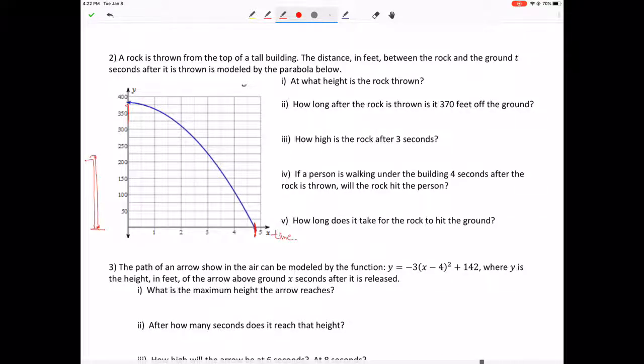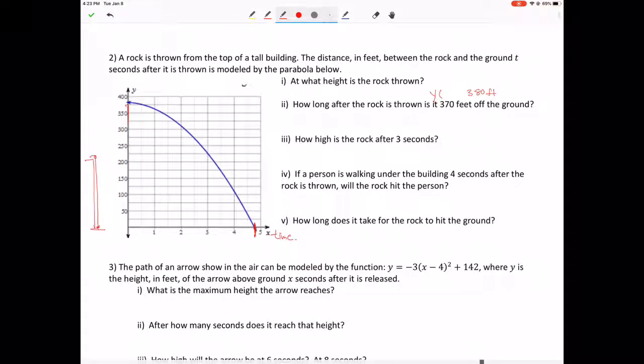So let's answer these questions. At what height is the rock thrown? Okay, that would be when time equals 0. What is the height at time equals 0? Well, we could estimate maybe 380 feet, okay? And a really good way to write this is to say this is y, which is our height.